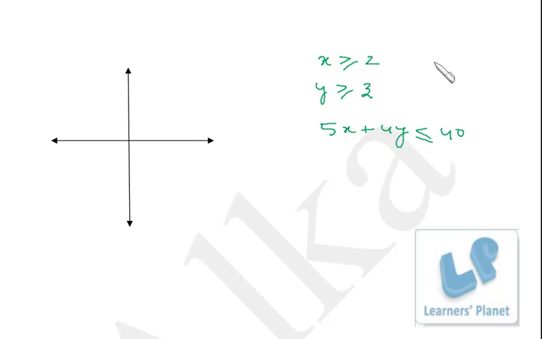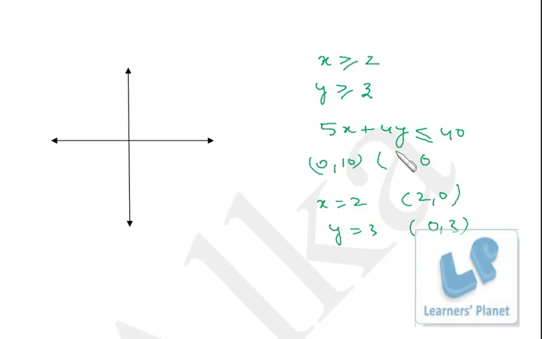So here for x is equal to 2, it's (2, 0), for y is equal to 3, it's (0, 3), and over here when x is equal to 0, y will be 10, and when y is equal to 0, x is 40 by 5, which is 8.